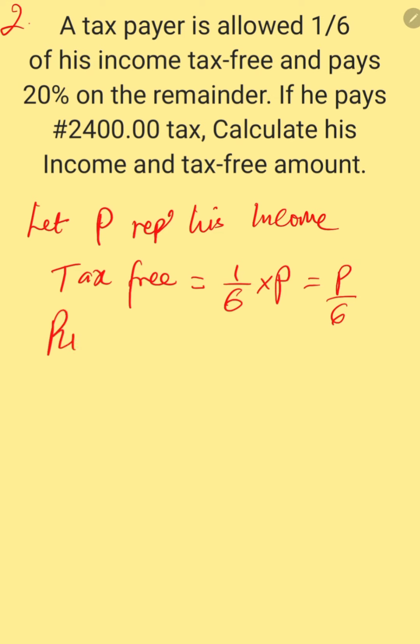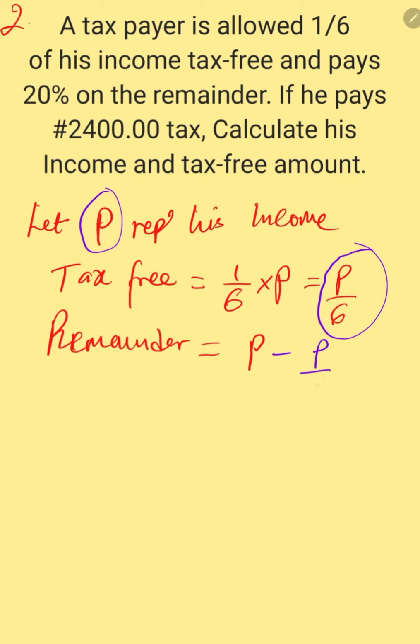The remainder is now the same as taking away the tax-free from the original income. Now, the original income is P, and tax-free is P/6. So the remainder is P minus P over 6, and P can be seen as P/1, right?